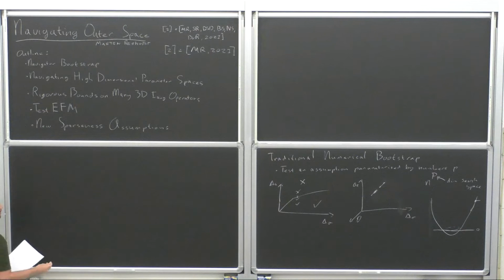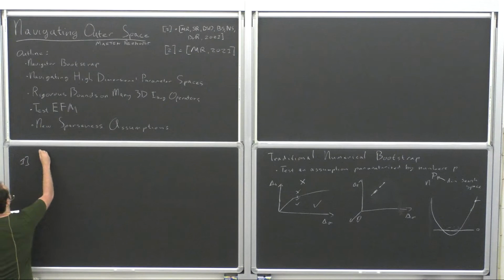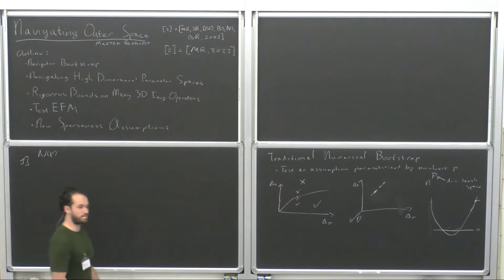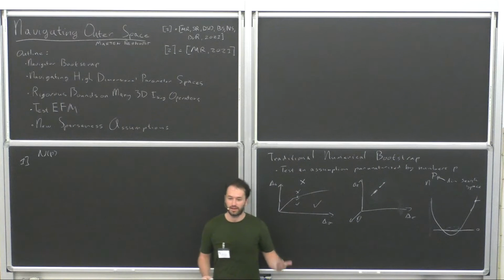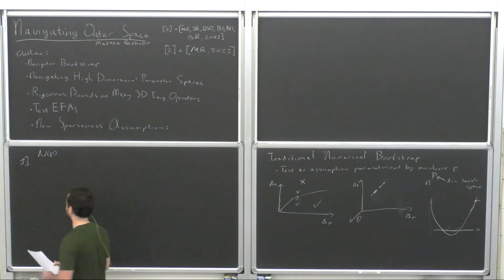So what properties would we like such a function to have? Well, firstly, it should be able to tell apart just what the previous allowed, disallowed answer already told us. It should just tell us how to tell apart allowed and disallowed points.